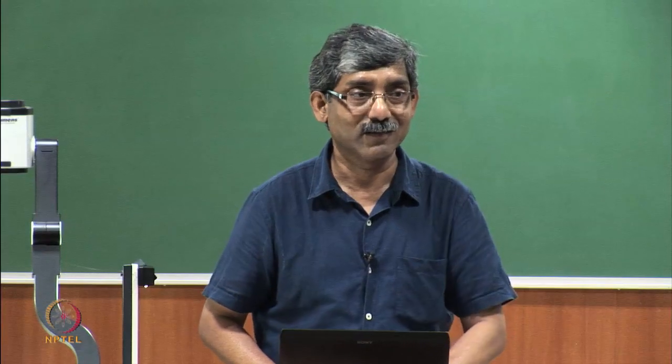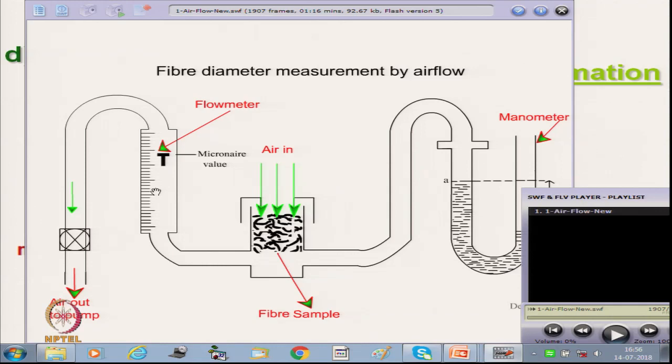This will result in a higher specific surface area, it will have higher surface area, and the float, the flow rate, will be less and it will show as a finer fiber, but which is wrong.